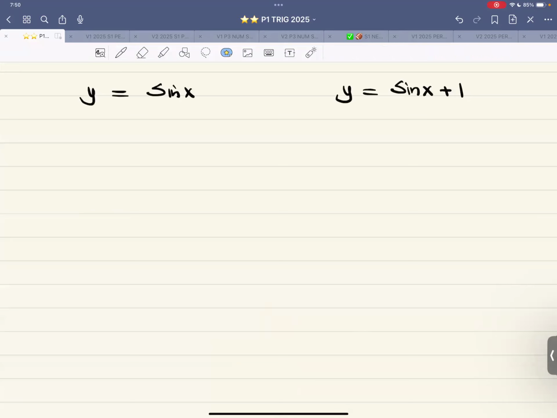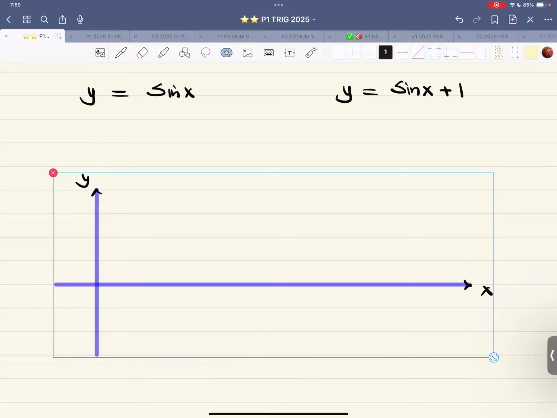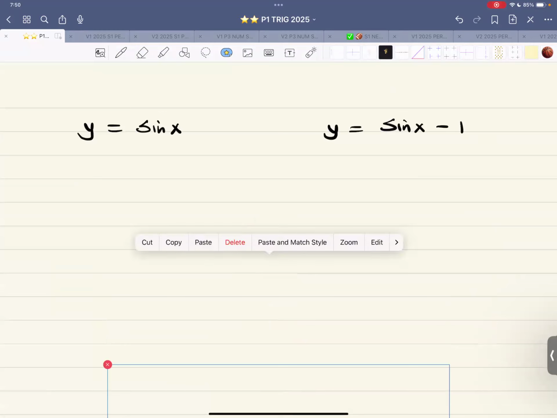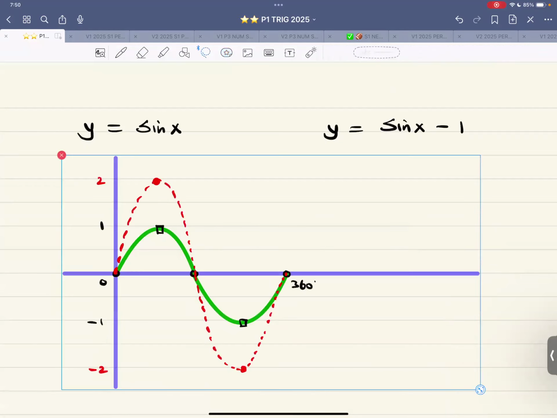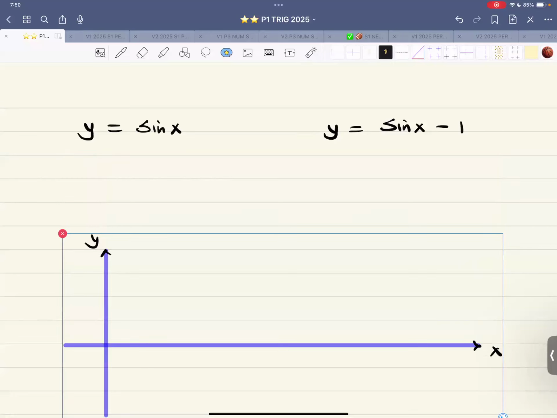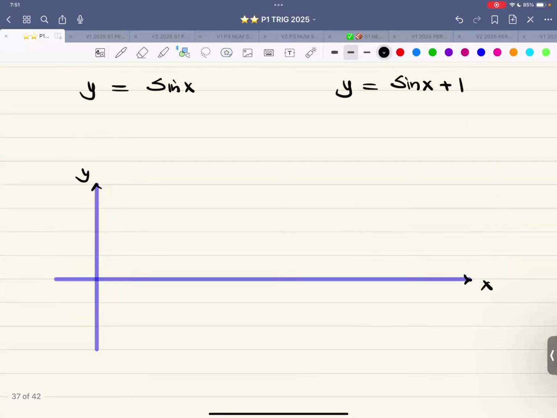Let's have a look. So let me just draw this over here, and let me also paste it over here. Okay, the original one I'm drawing in red color, sine x.